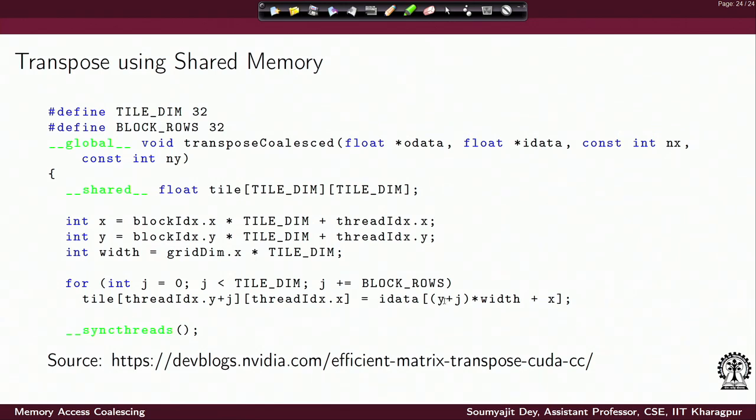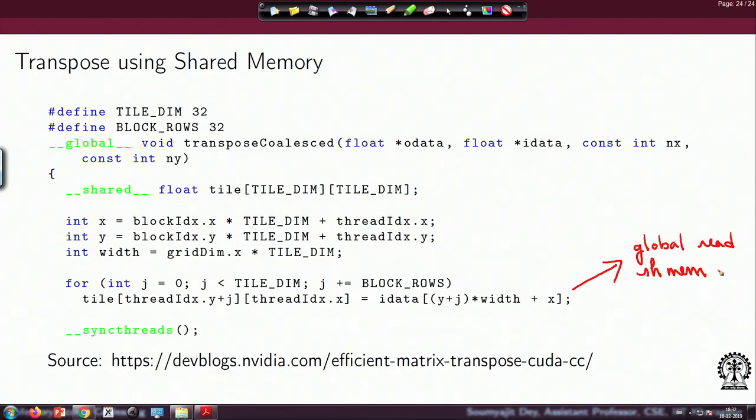Let's observe what reads and writes are going on in this instruction. In terms of memory transactions, you are doing a global read and then a shared memory write.